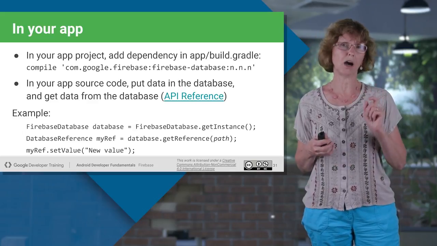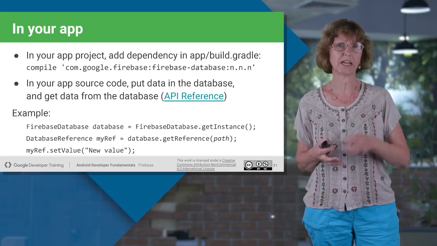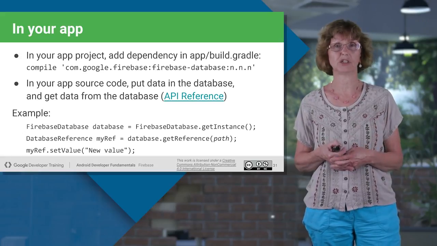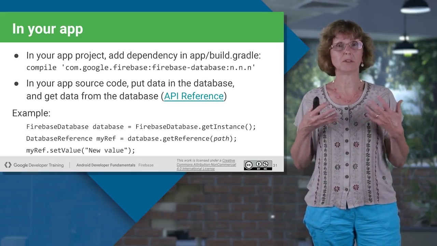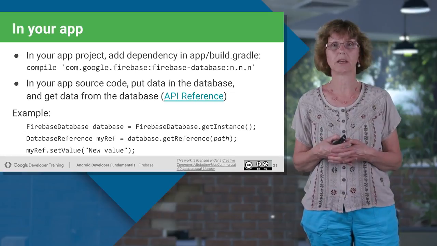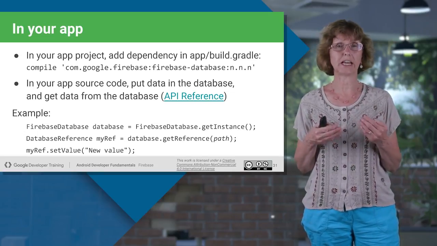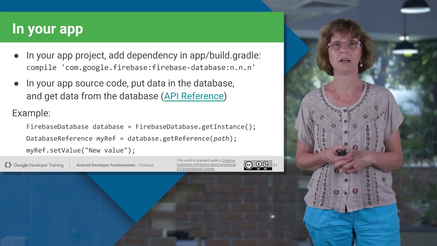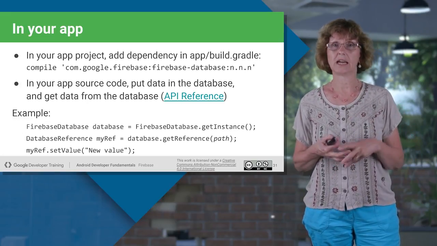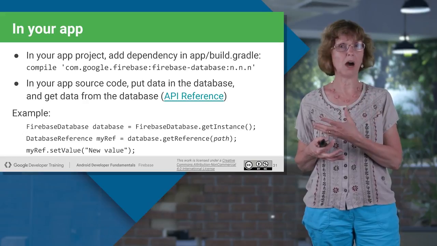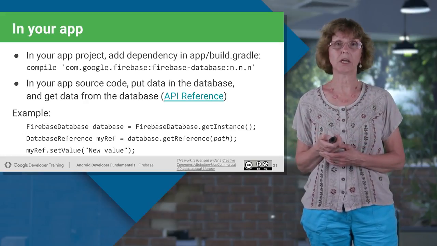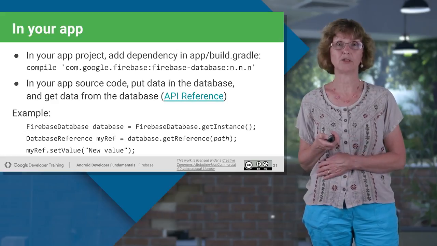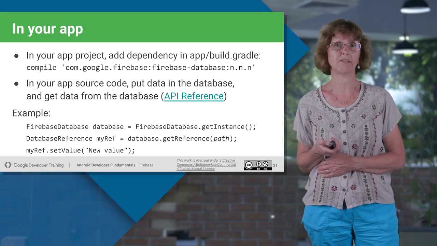So if you know the path to your data, your item of data, you basically use Firebase Database, which is the top level class that you interact with, and then you get a reference. A database reference is actually a unit of data, an item of data. So you can very simply get the data if you know the path. So yeah, if you want to go and learn how to use Firebase Database, I recommend you go and read the guides and the API reference.